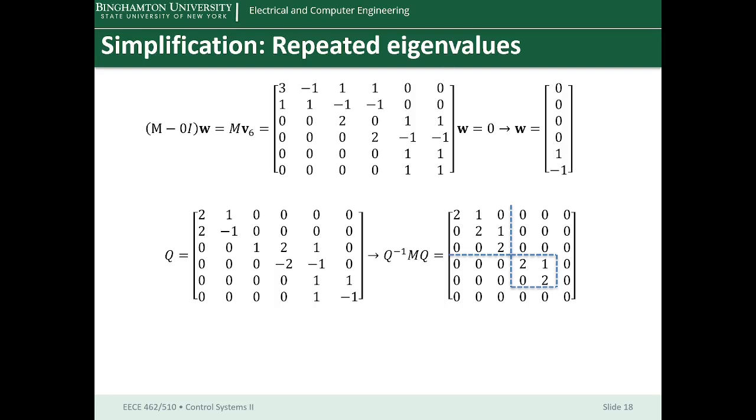Let's collect them as the columns of a single matrix Q. This matrix Q serves as our change of basis, or transformation matrix. When we apply this to M, it converts into a new matrix that is almost diagonal, known as the Jordan canonical form. And we can see this Jordan matrix has two Jordan blocks corresponding to eigenvalue 2, one of size 3 and one of size 2, and one additional single entry, 0, on the diagonal, corresponding to eigenvalue lambda equals 0.